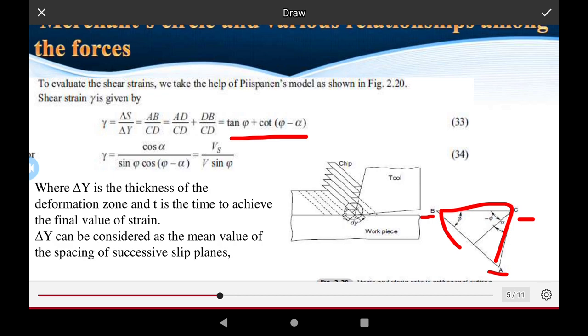Delta phi is the thickness of the deformation zone. T is the time to achieve the final value of strain. Delta y is considered for the mean value of the specific spacing of the slip plane.